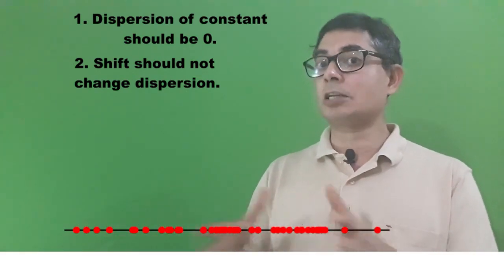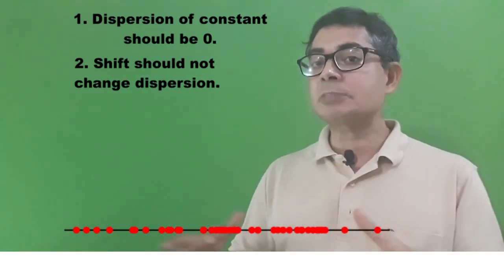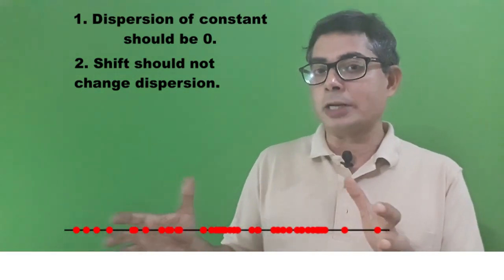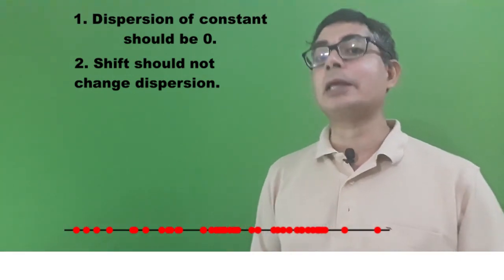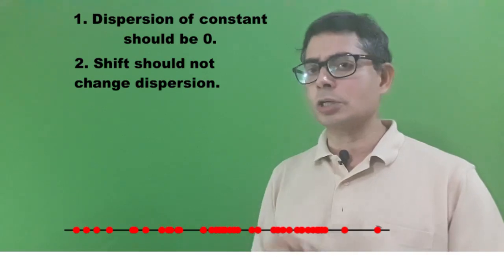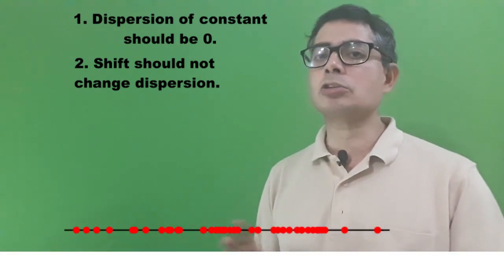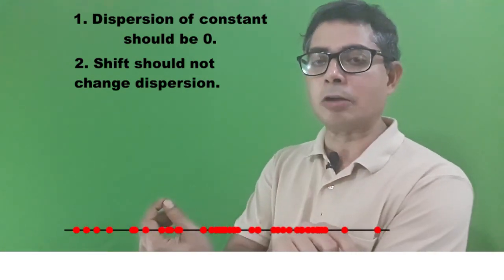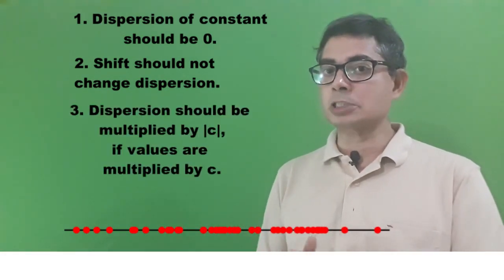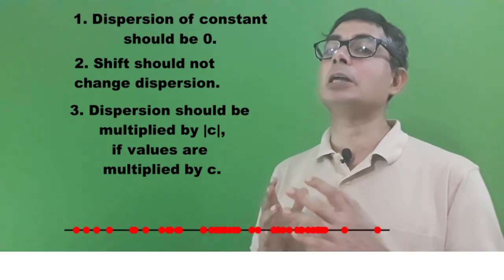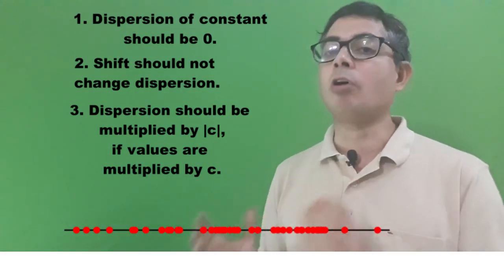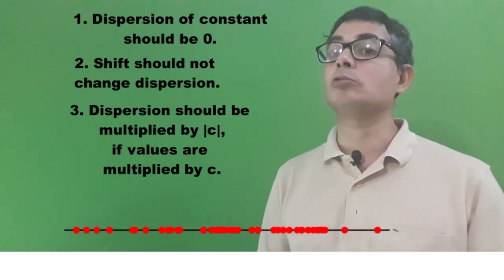If c is greater than 1, like in this case, then the dispersion should increase. If c is between 0 and 1, then the points are squeezed together and hence dispersion should go down. The sign of c should not matter. The sign merely controls if the points are flipped around 0. In short, a good dispersion measure should get multiplied with the absolute value of c if all the numbers are multiplied with c.